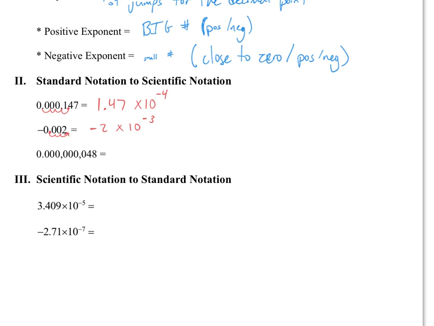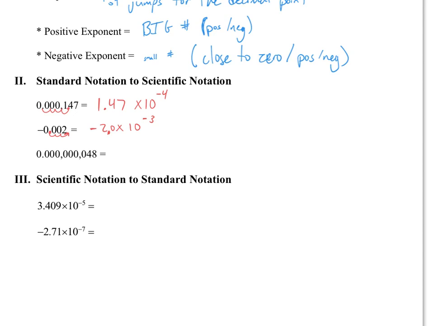I want it to be 2. You're right. I thought you had to have 1 in the spot. So this could be 2.0 if you want. It's not 0.2. You want to have a number that's not 0 in the 1 spot.